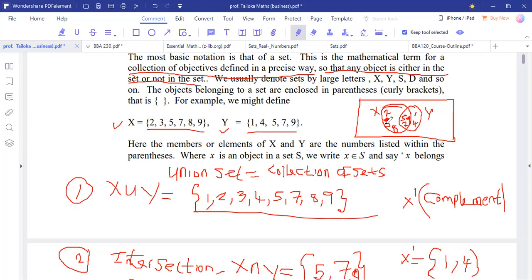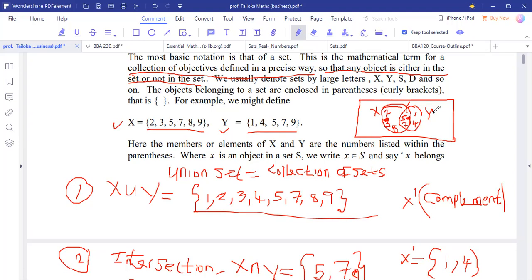X intersection y, these are the ones that we have here. Then for x, the other elements that remain are 2, 3, and 8. And here we have 5, 7, and 9. And then here on the y side we have 1 and 4.